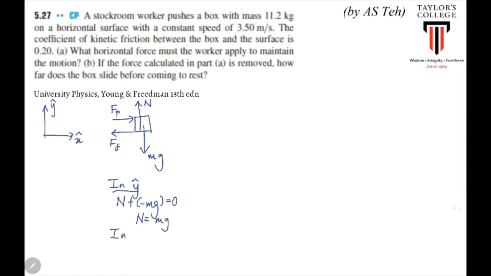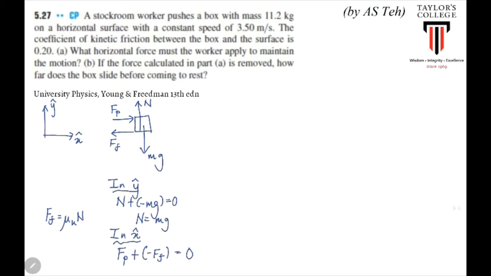In x, we have the pushing force minus the friction equals ma, and since there's constant velocity, ma equals 0. We also know that F friction equals mu k times the normal force.